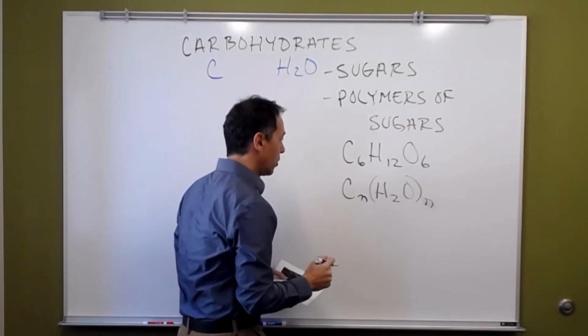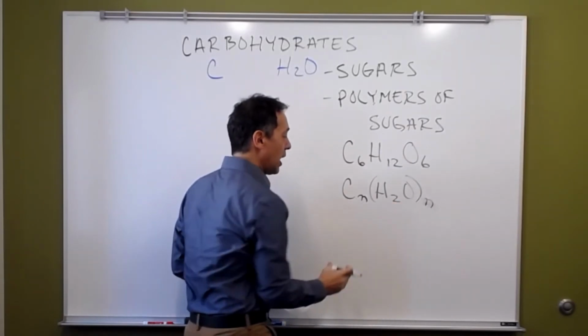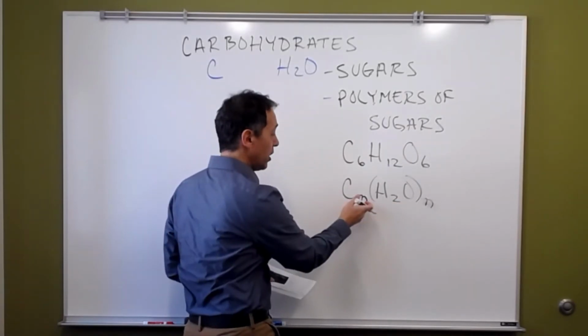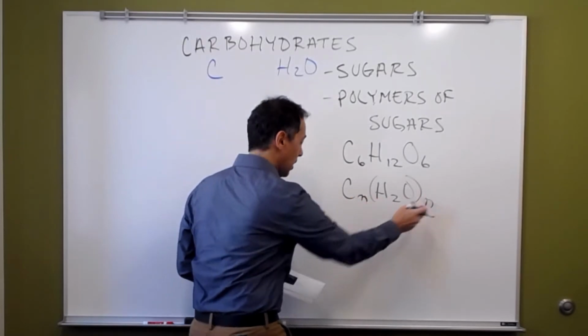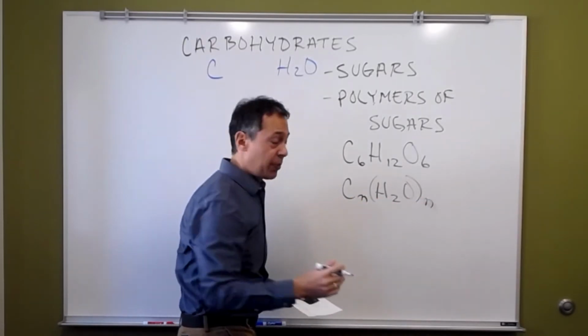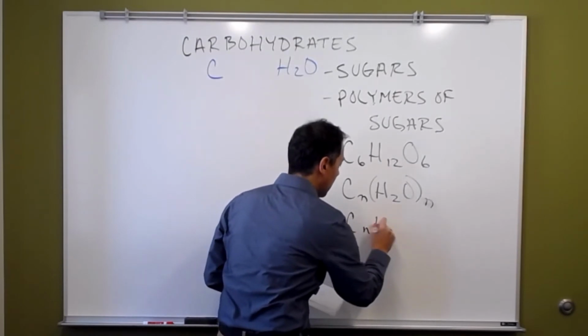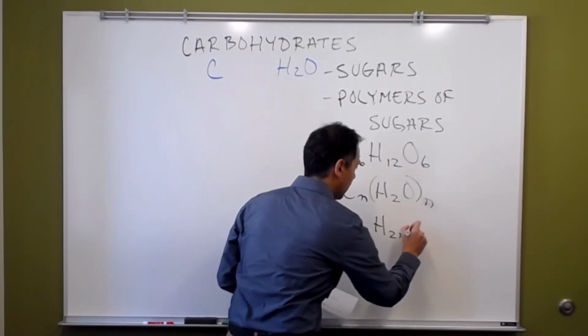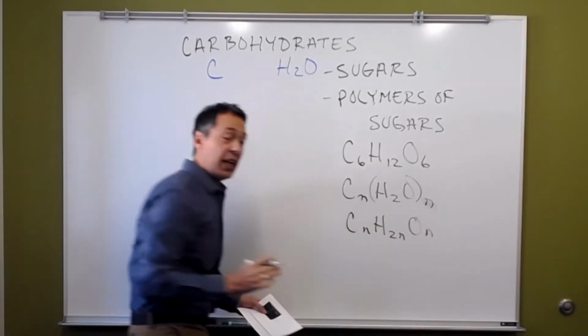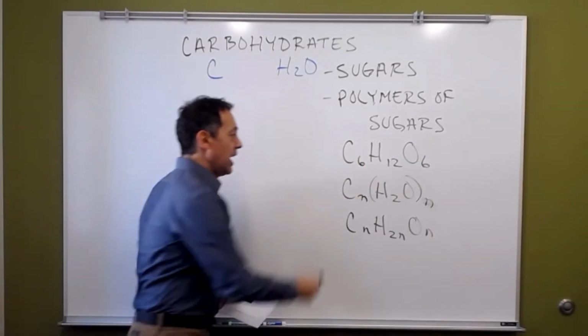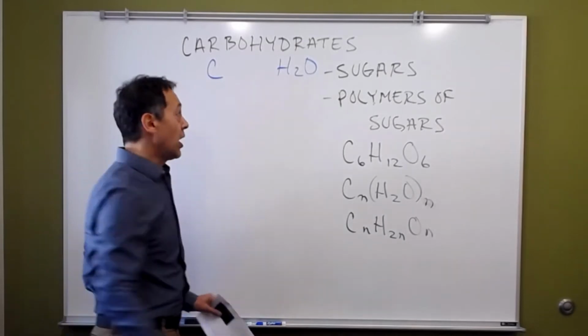This is just the lowest common denominator, and you can put some number in here. It could be 1, 2, 3. It could be the same number over here. Sometimes people write it a little bit differently, CnH2nOn.